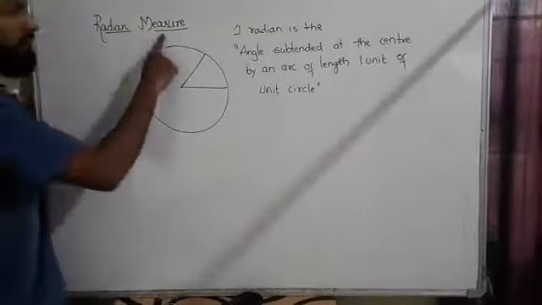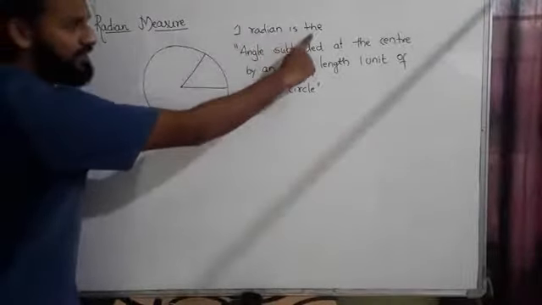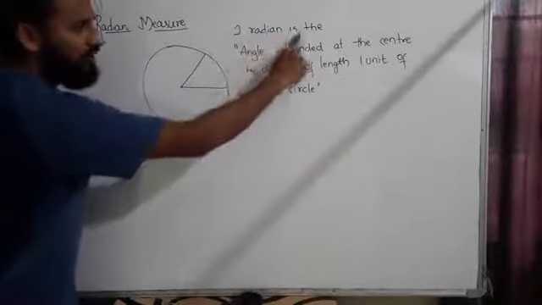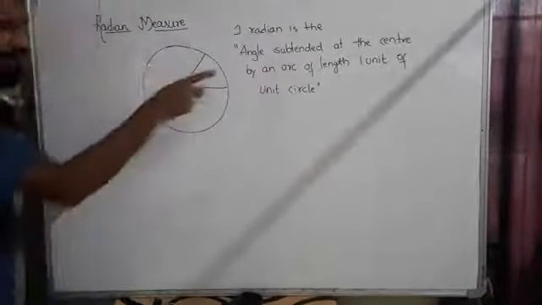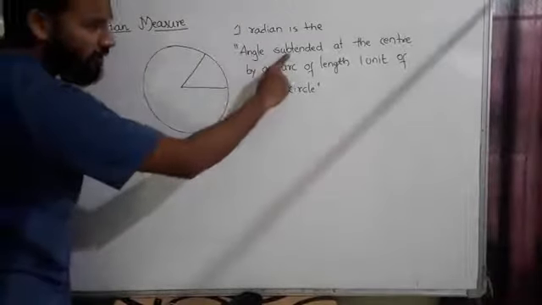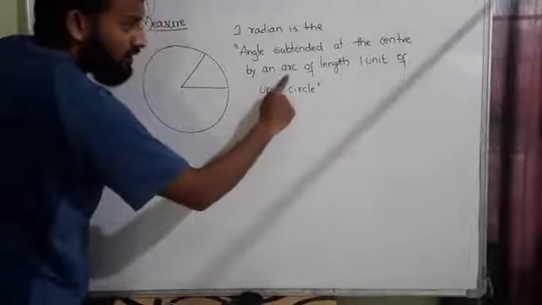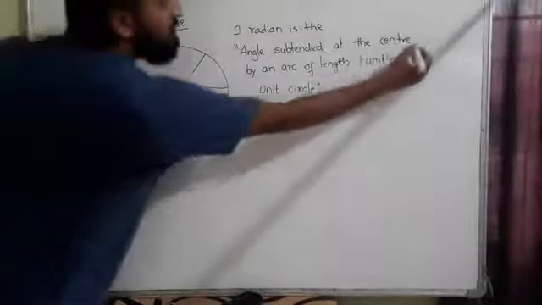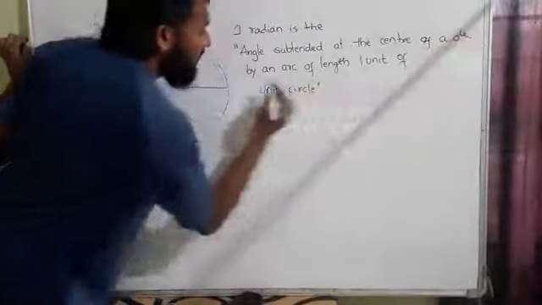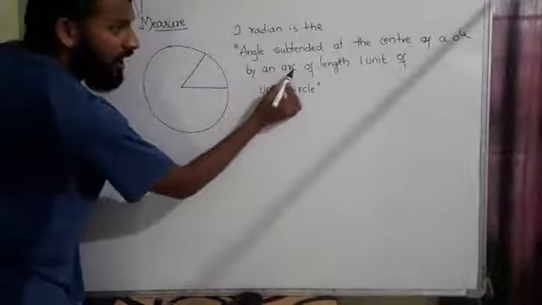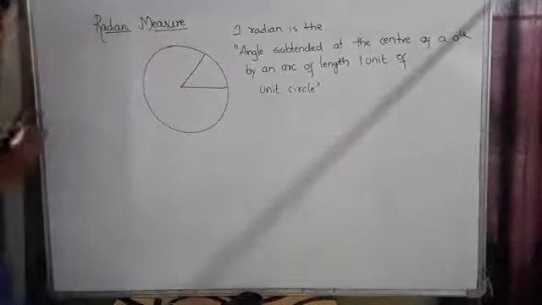Now, radian measure. Well, it is defined as: 1 radian is the angle subtended at the center of a circle by an arc of length 1 unit of a unit circle.